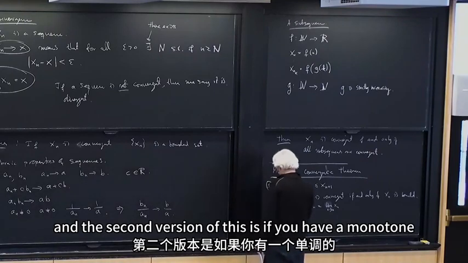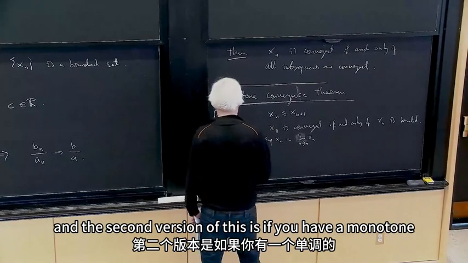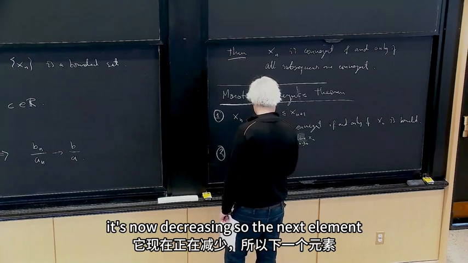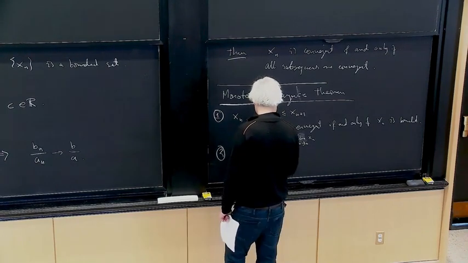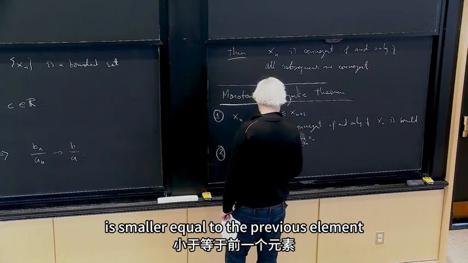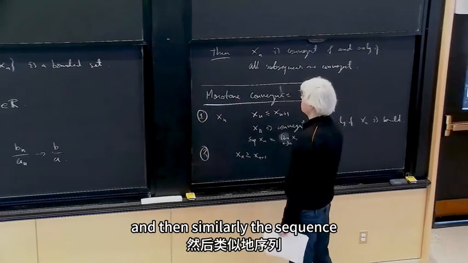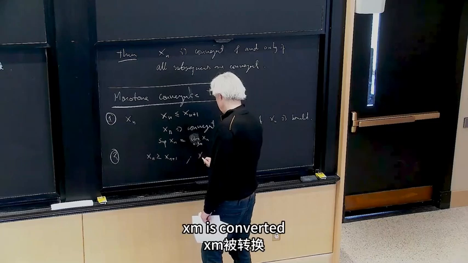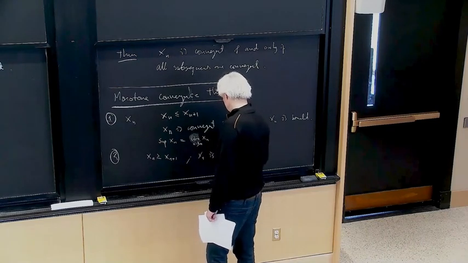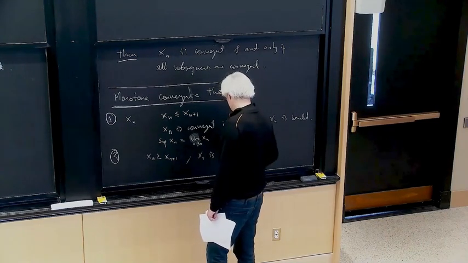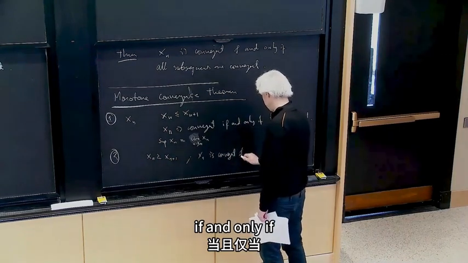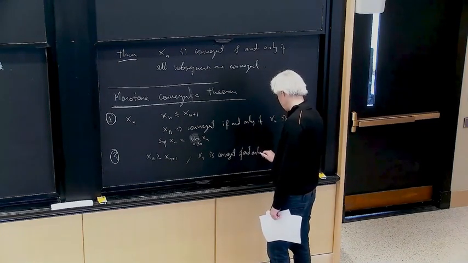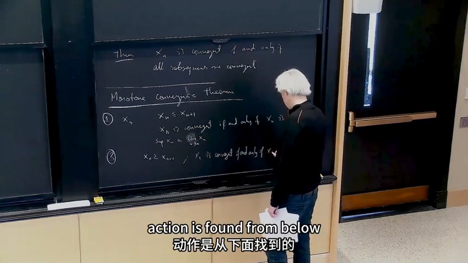And the second version of this is if you have a monotone sequence, so instead of being increasing, it's now decreasing. So the next element is smaller or equal to the previous element. And then similarly, the sequence x_n is convergent if and only if x_n is bounded from below.